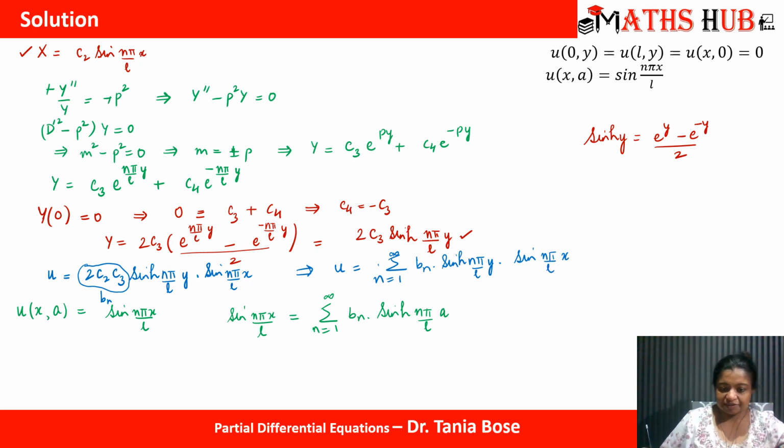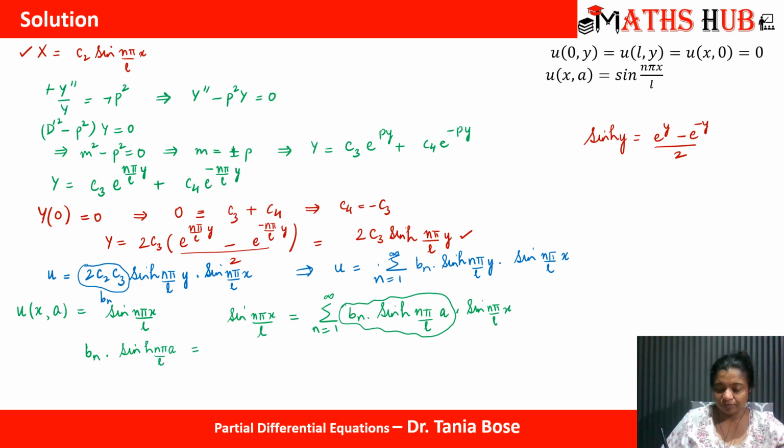Now when we apply this condition, we will have it multiplied by sine n pi by L into x. So from here, when I see this is a constant now, right? If this is a constant, what is Bn then? Bn multiplied by sine hyperbolic, so this is your Fourier coefficient, right? Sine hyperbolic n pi by L into a.